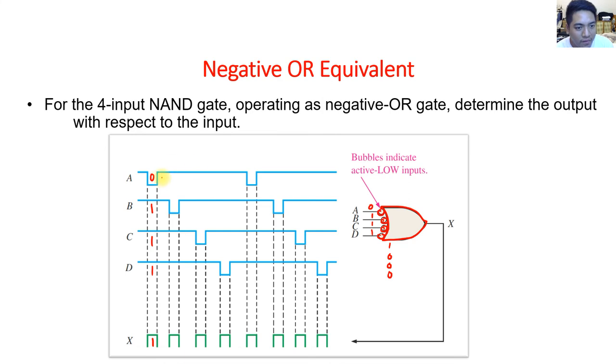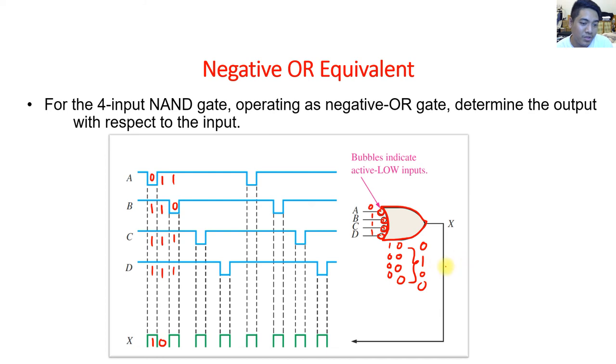For the second one, we have 1, 1, 1, 1. All of the inputs are 1. So if you negate it before it enters the OR gate, that would be 0, 0, 0, 0. So if you OR all of this, the answer would be 0. The next one, we have 1, 0, 1, 1, which becomes 0, 1, 0, 0.